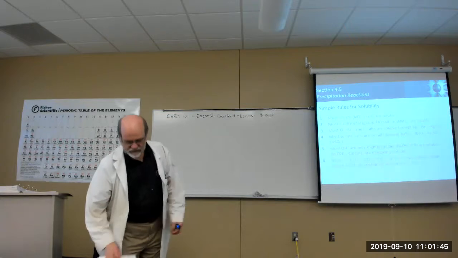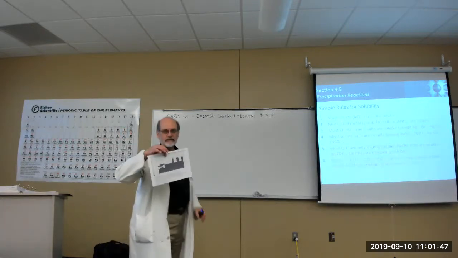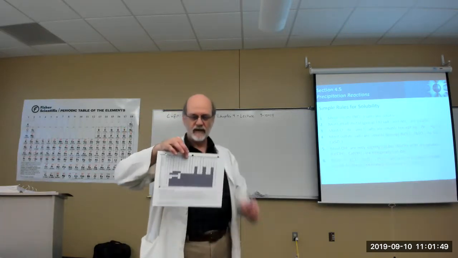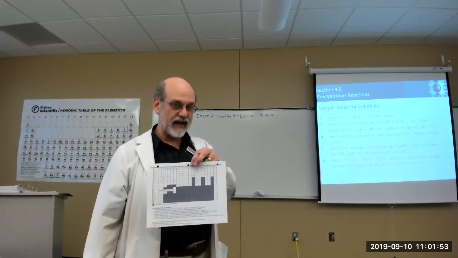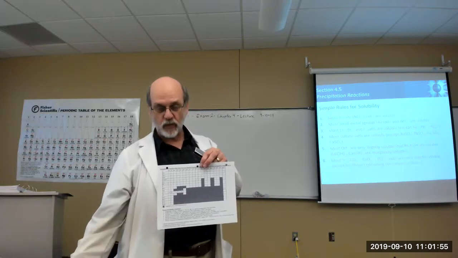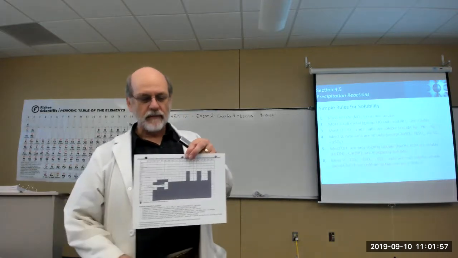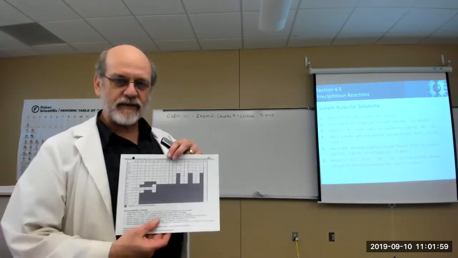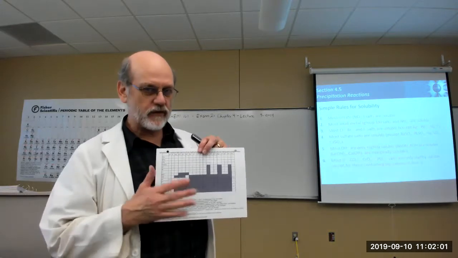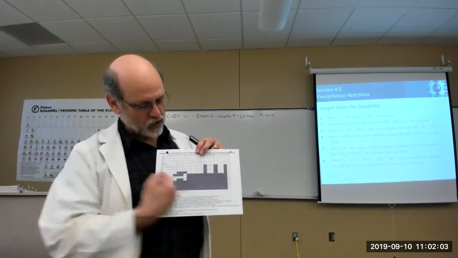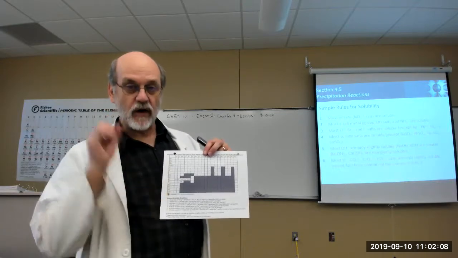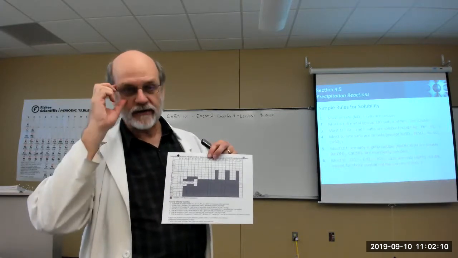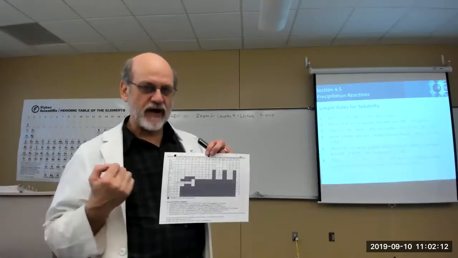The other way to deal with it is with a chart. And if you go to the review document that I handed out in class or is available on Blackboard, you'll find on one of the back pages of the review document this chart. Down the left-hand side are the anions, the negative ions. Across the top are the positive ions.